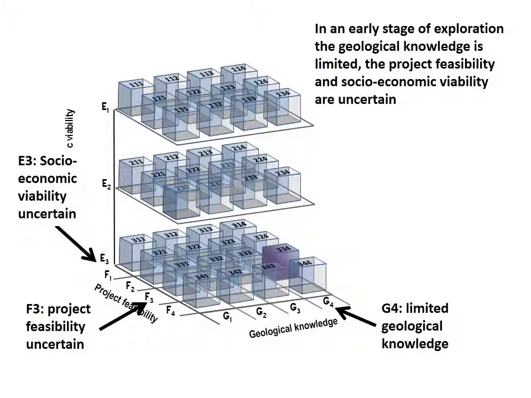The status of the project is represented by a small cube, which is located where the E3, F3 and G4 axes are joining. The project is thus categorized as E3, F3, G4, or in a more common form as 3, 3, 4.